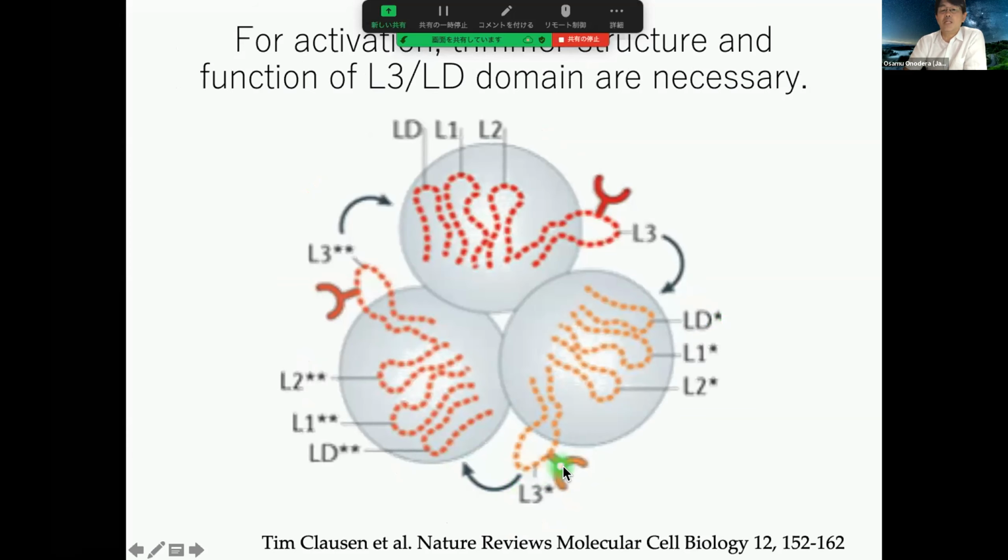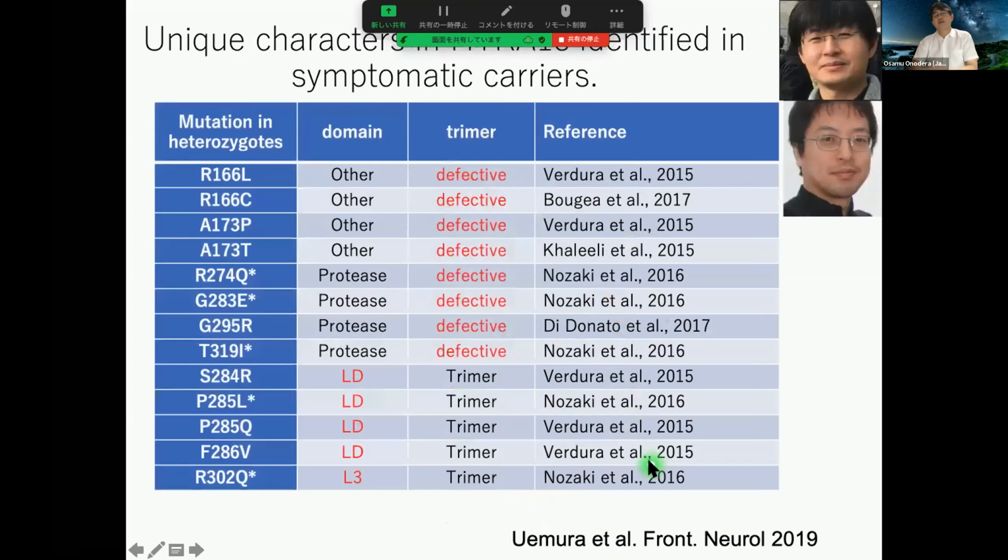So the intact L3 and LD domains are necessary to activate the neighboring HTRA1. Thus, we investigated which domain has a mutation and the trimer formation availability for each mutant HTRA1.